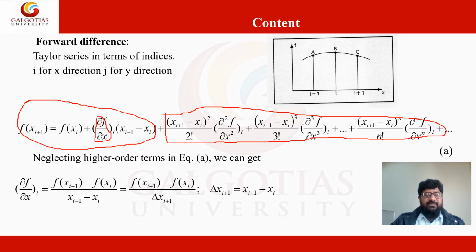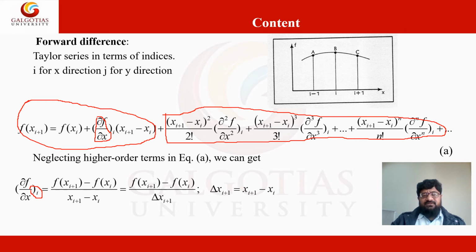We can get del f by del x at I location as f(xi plus 1) minus f(xi) divided by (xi plus 1 minus xi), where f(xi plus 1) is the value of the function f at location I plus 1 and f(xi) is the value of the function at location I, divided by del x(I plus 1).